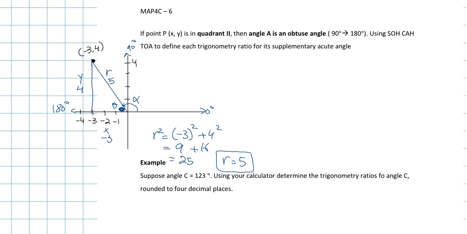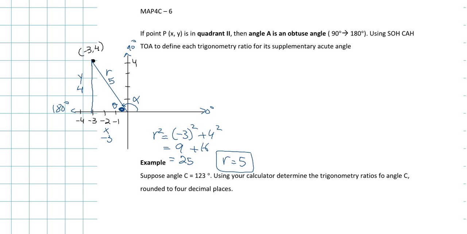Exactly. Now, if I'm looking at angle theta here, sine is opposite over hypotenuse, right? So, or y over r. And then what's y? 4, good, over 5. How about cos?